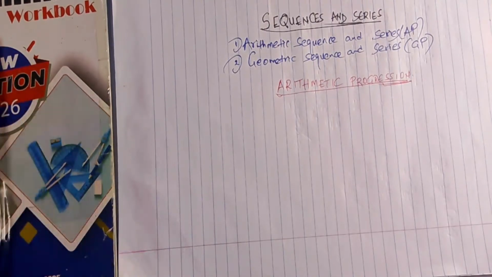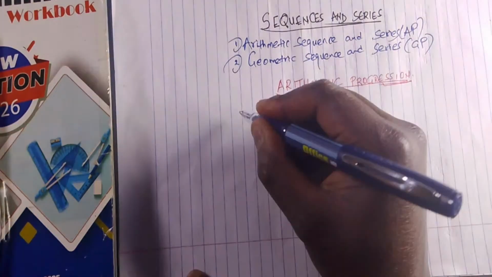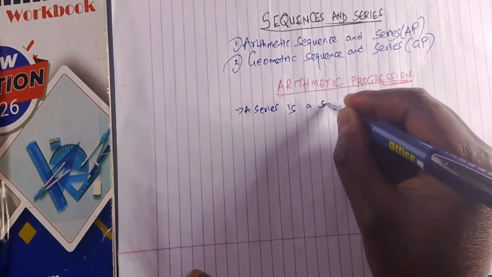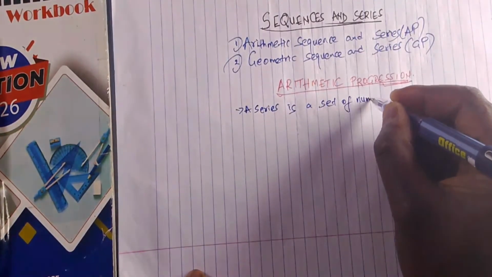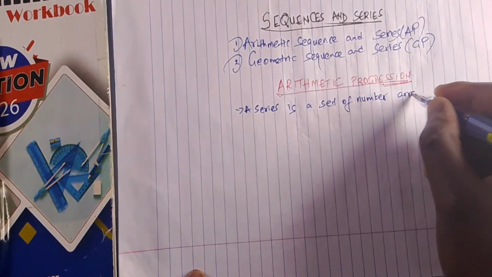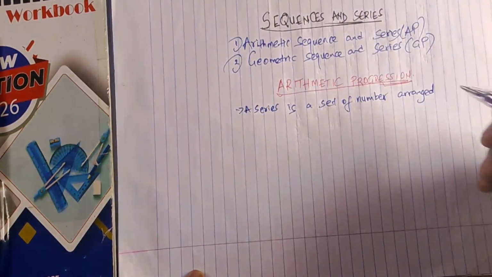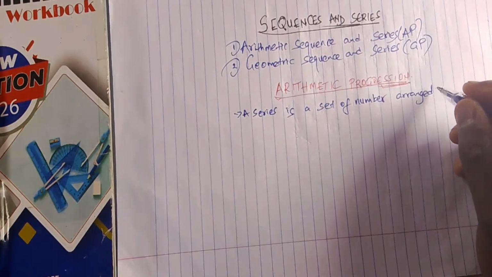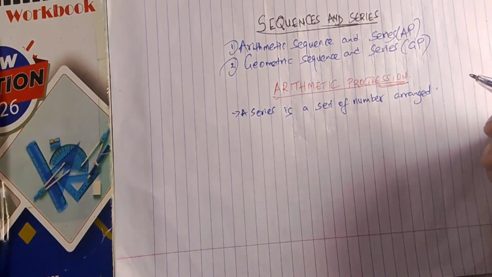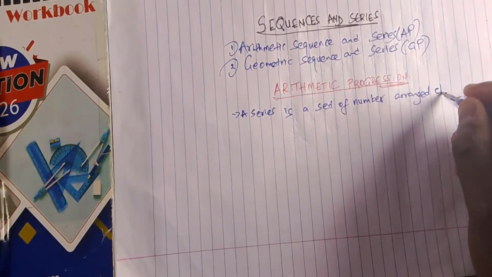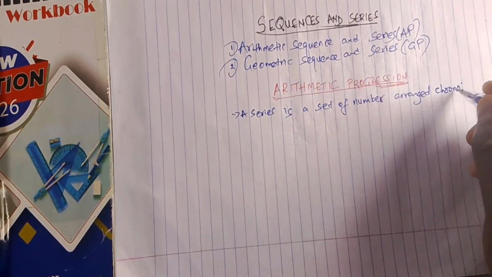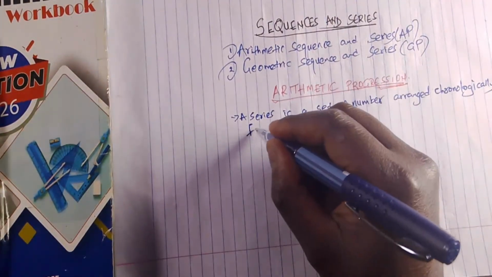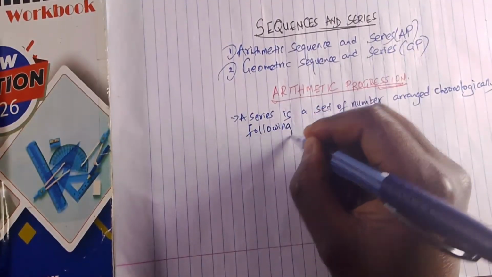It is a set of numbers arranged horizontally. It can be horizontally, it can be vertically. So these are a series of numbers arranged chronologically, following a certain pattern.